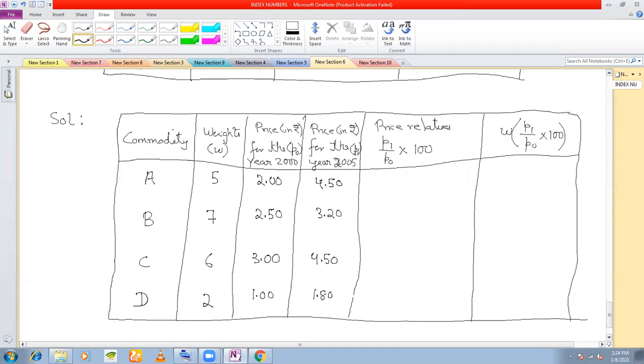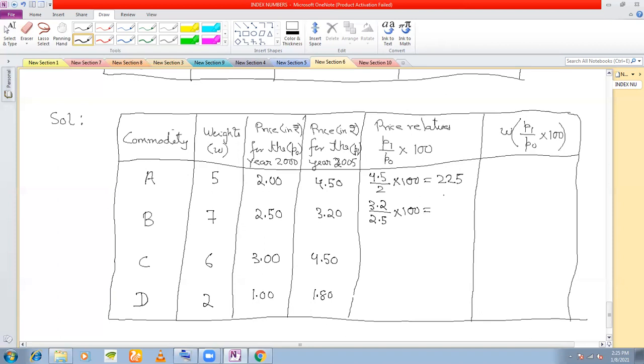Okay. Now we calculate the price relatives. What are the price relatives? P1 by P0 into 100. P1 is 4.5. P0 is 2 in this case, into 100. Okay. You calculate this to be 225. The next one is 3.2 divided by 2.5 into 100.